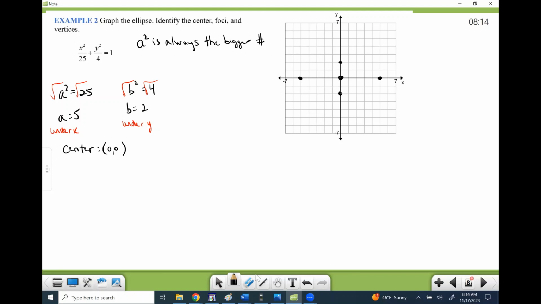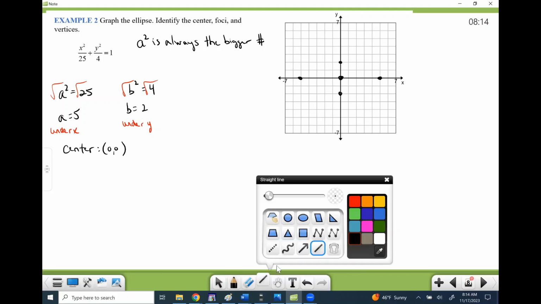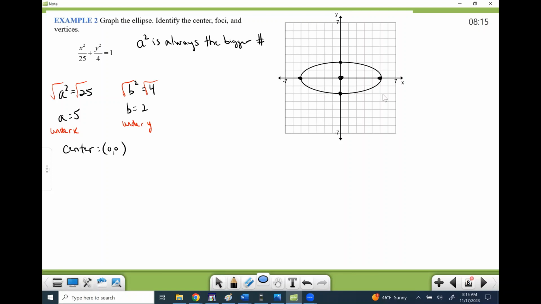And now I have my ellipse. Now your ellipse will be longer in the X direction if the bigger number is under X. So let's say the 25 had been underneath the Y, then we would know that our ellipse would be bigger up and down, vertically, in the Y direction, instead of horizontally in the X direction.